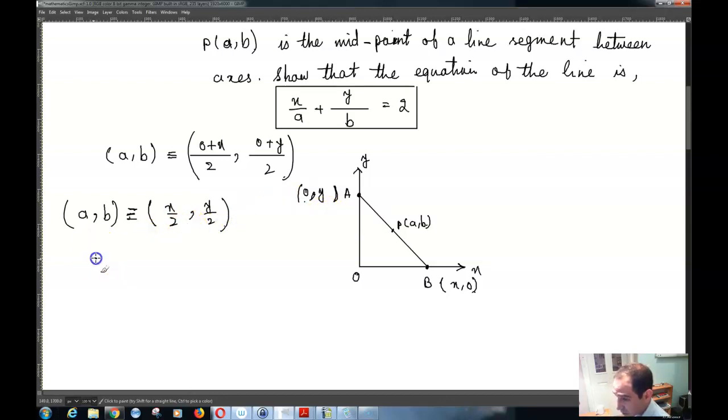What that means is that a is equal to x divided by 2 and b is equal to y divided by 2, so x is equal to 2a and y is equal to 2b.